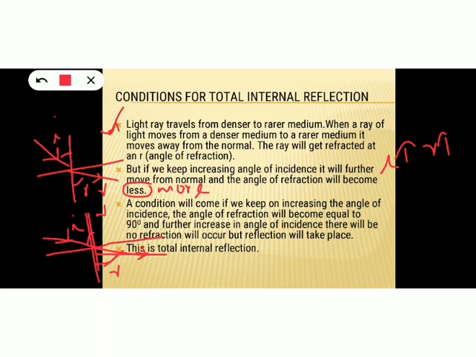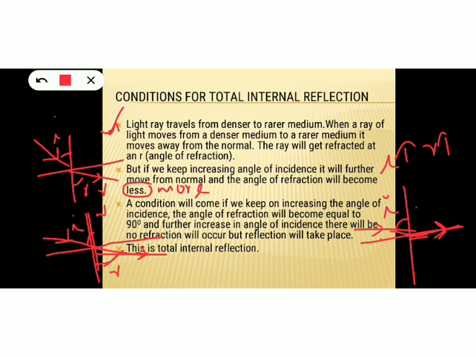And if we keep on increasing the angle of incidence, a condition will come where the angle of refraction becomes equal to 90 degrees. Again I increase the angle of incidence, and a situation arises when the refracted ray will graze along this boundary like this.